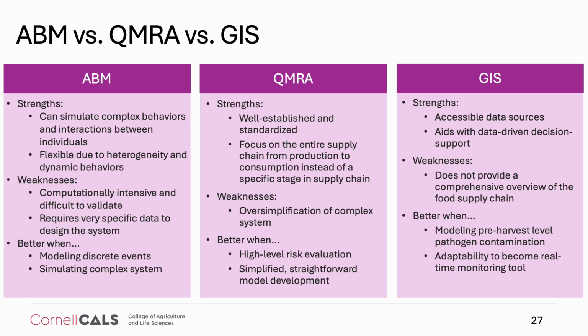However, GIS is mostly focused on the pre-harvest level since the environmental factors incorporated in the model are focused mostly on the pre-harvest level, so it does not provide a comprehensive overview of the food supply chain. So GIS can definitely be a better modeling tool when modeling pre-harvest level pathogen contamination, and if you want to further develop the model as a real-time monitoring tool.